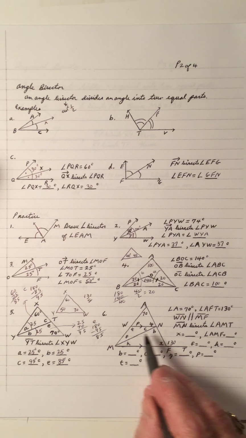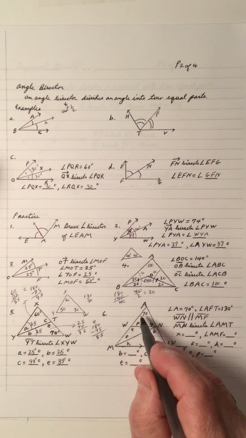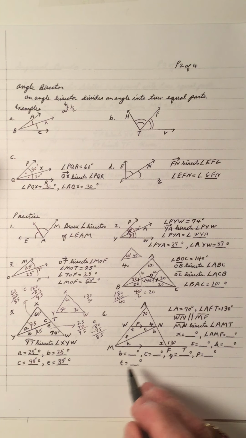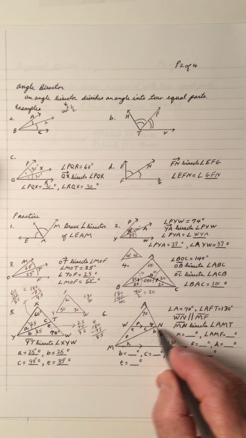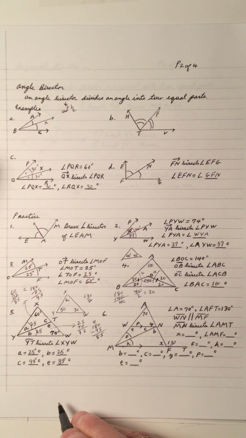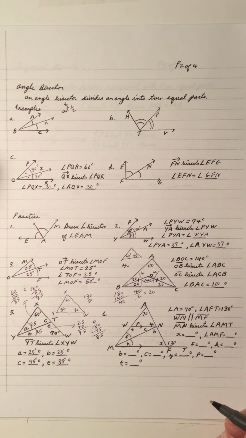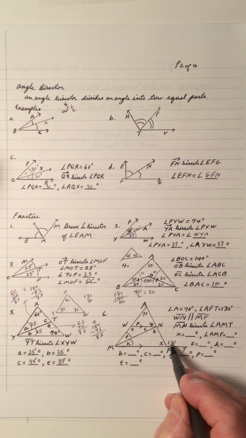Now, I've got MN bisects angle AMT. If AMT is bisected by MN, that means F is equal to H. So here we go. I've got a 70 here and 130 here.